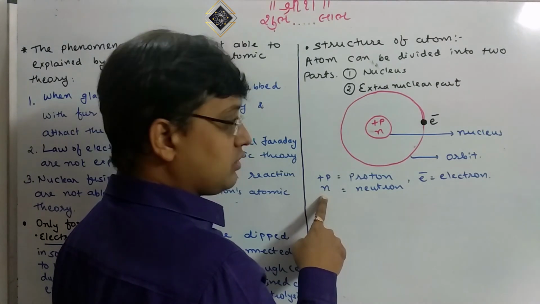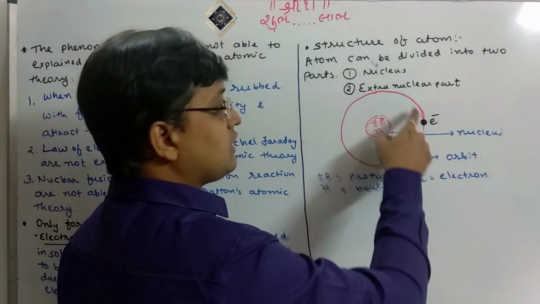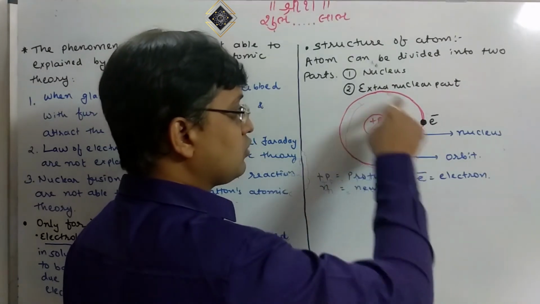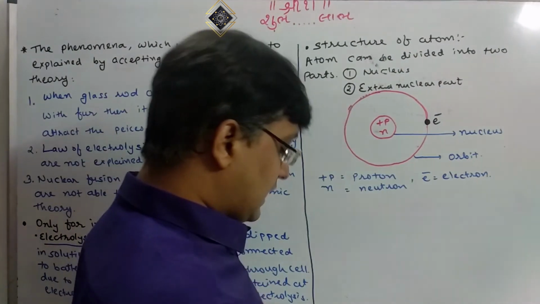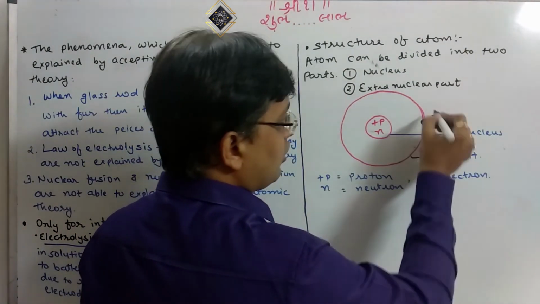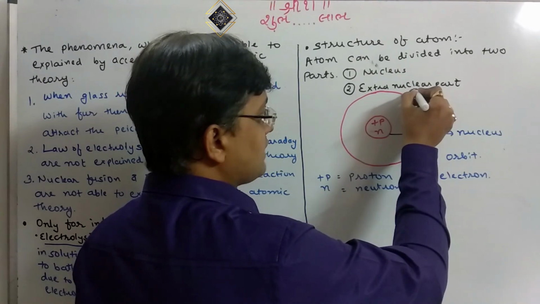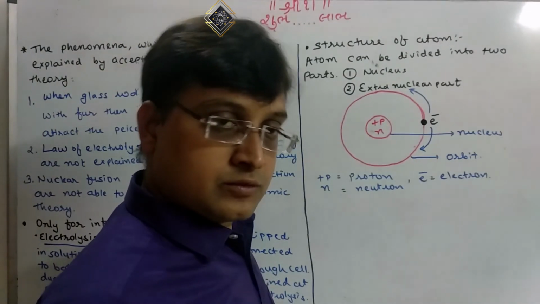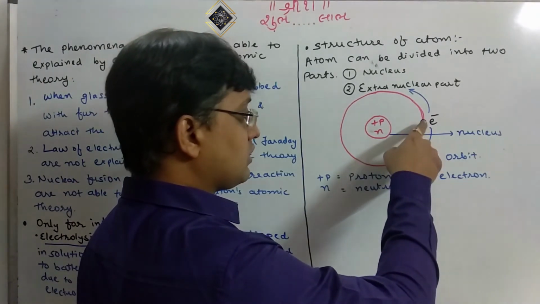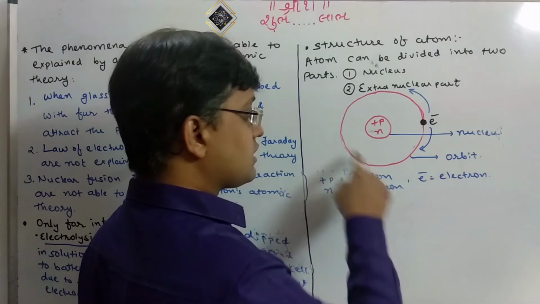Another one is the neutron, and the electron is in the extranuclear part, continuously revolving around the nucleus in either a clockwise or anti-clockwise direction. Clear? Okay. The electron rotates around the nucleus in a circular path.